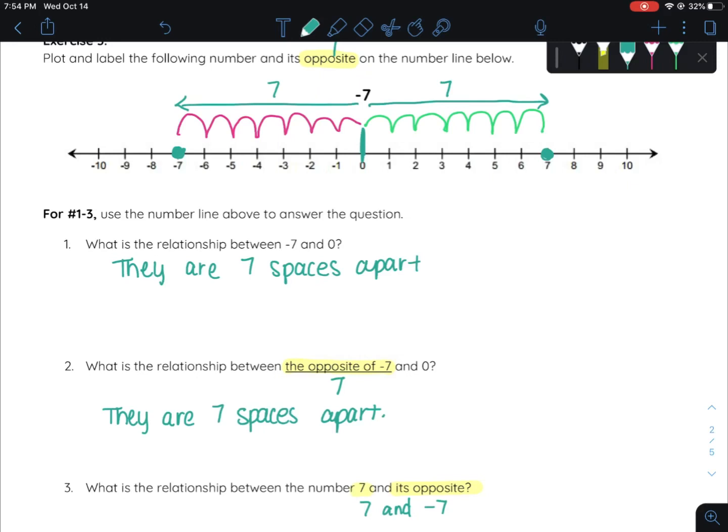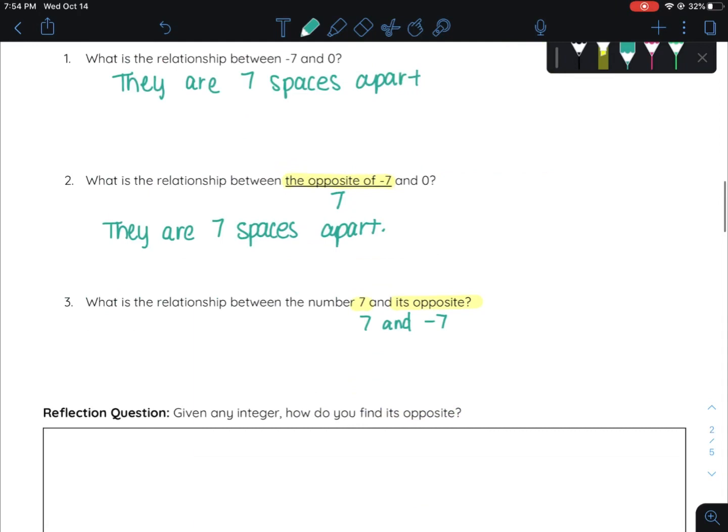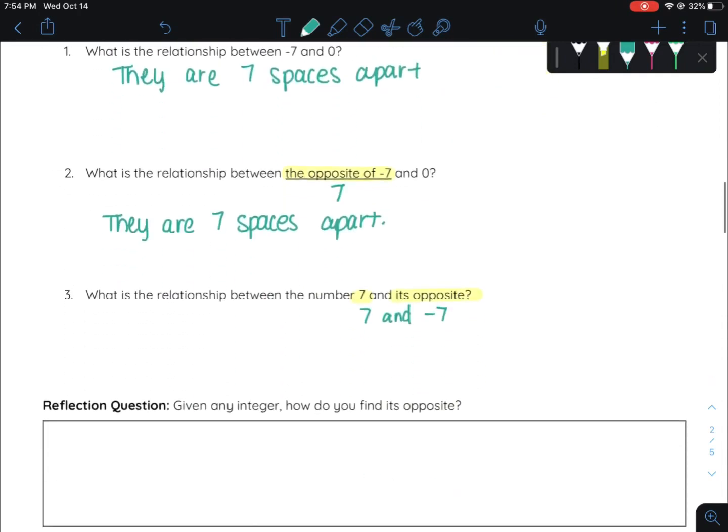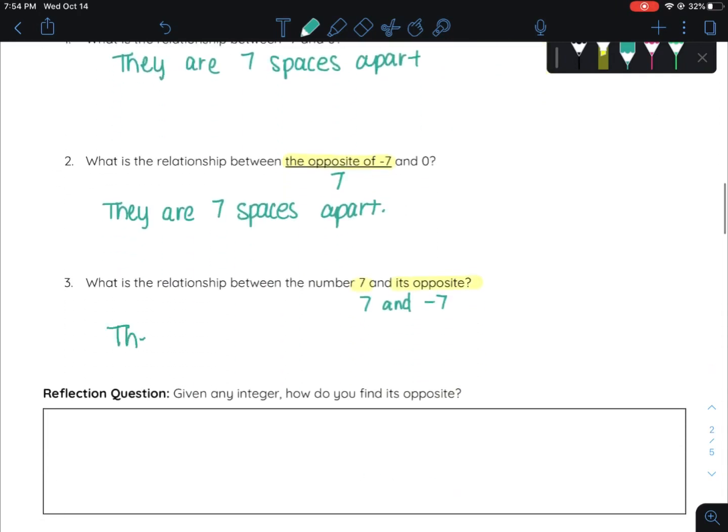So how far is it actually from all the way here, all the way over to 7, is the real question that we want to answer. 7 plus 7, 14. So they are 14 spaces apart. Why does that 14 matter? Well, because the number we're talking about is 7, and if you double it, you get 14.